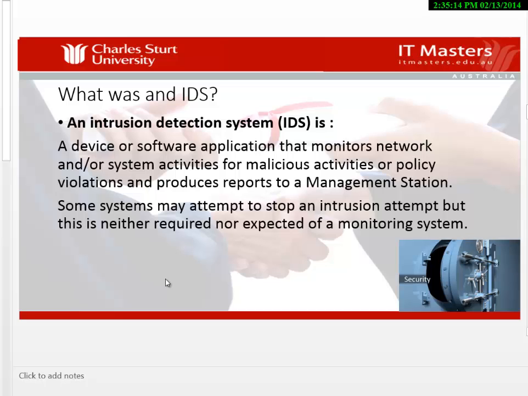Its job is to create a report to the IT administration or management station. Some systems may attempt to stop an intrusion attempt, and then this is an IPS, but this is neither required nor expected of a monitoring system. Monitoring is just keeping an eye.